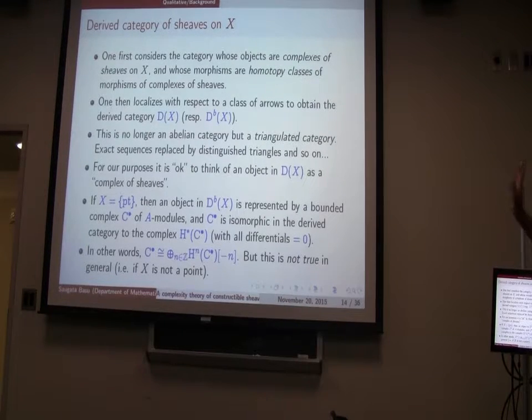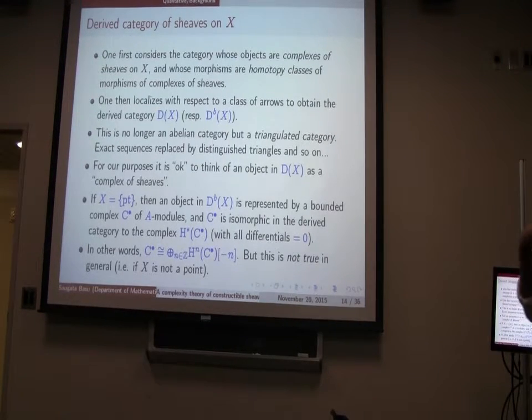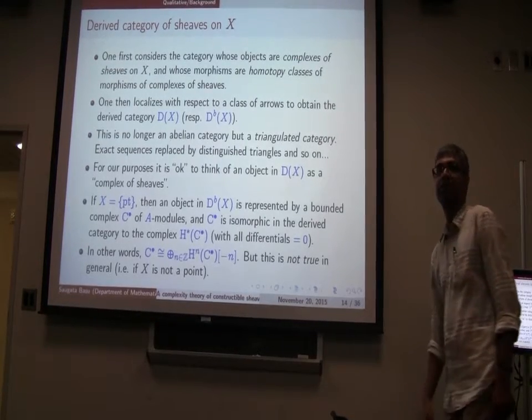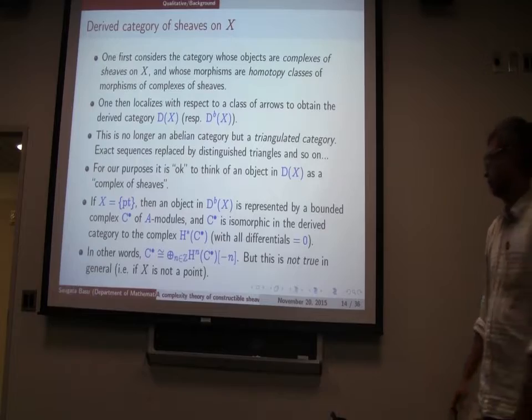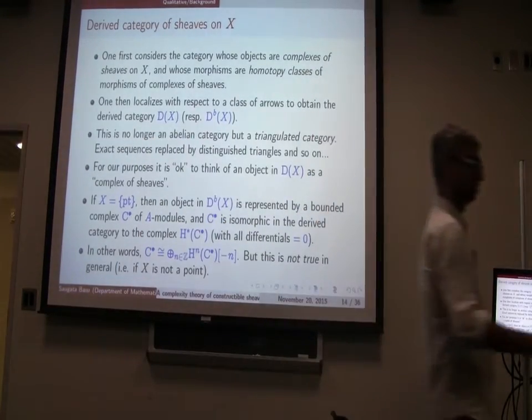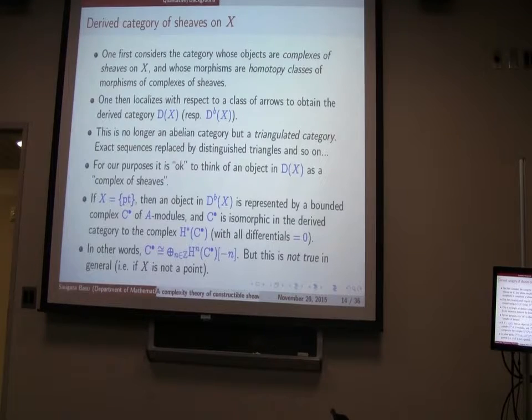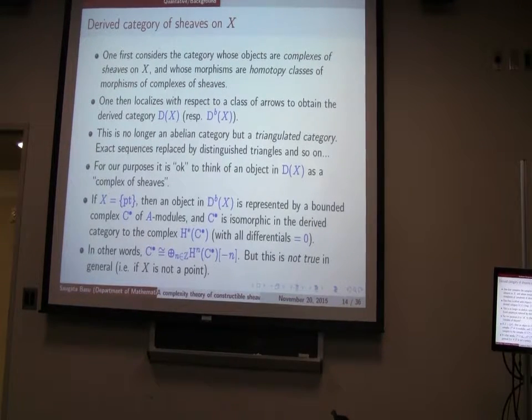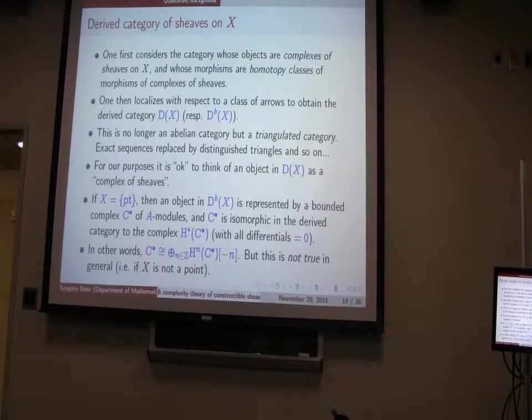No, this is an abstract complex, so it doesn't need to come from that.